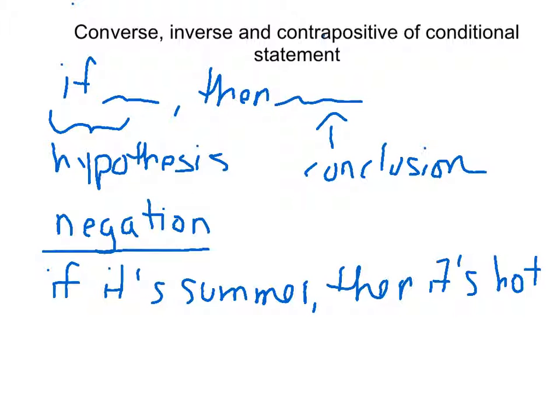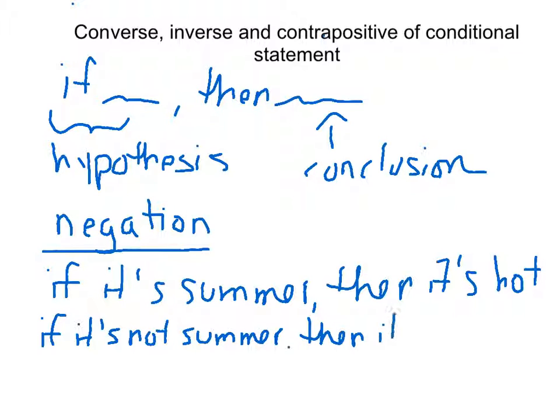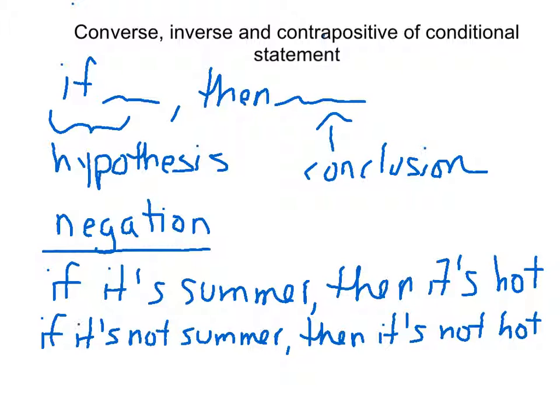The negation would be the opposite. If it's not summer, then it's not hot. So write that down in your notes. That's a good example just to have. That's your negation. If our original statement is if it's summer, then it's hot, the negation of the original statement would be if it's not summer, then it's not hot.